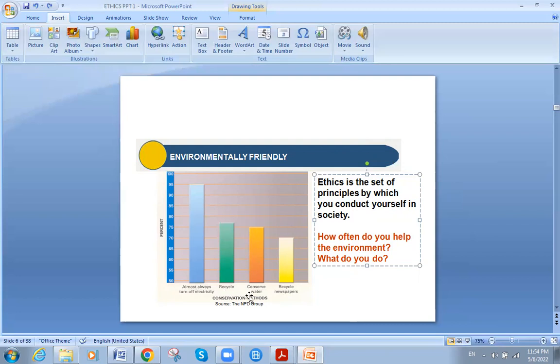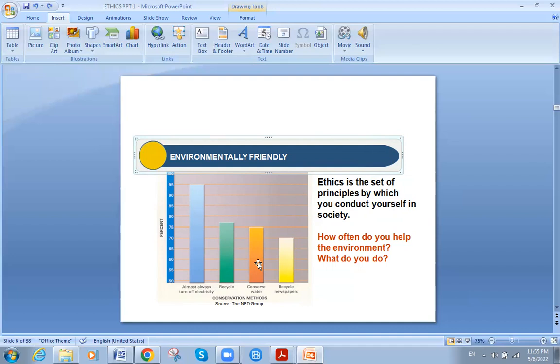Do I avoid wasting water or hydro? Do I recycle my newspaper? This is environmentally friendly, and it is also something we do as humans that helps society. And it's ethical also to do it.